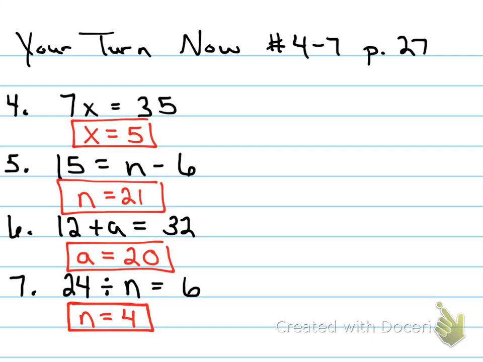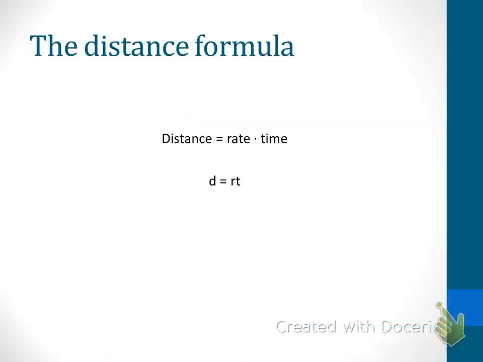All right, one more example, and it involves the distance formula. So the first thing you need to know is, what is the distance formula? That's distance equals rate times time. So you need to write down the formula and what each variable stands for.